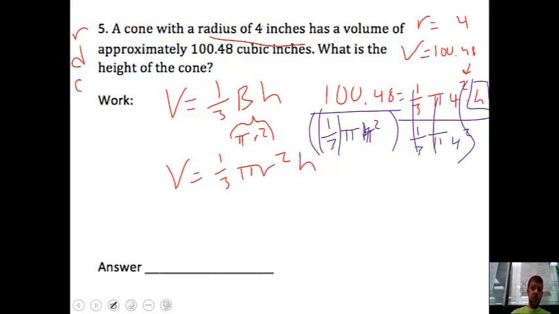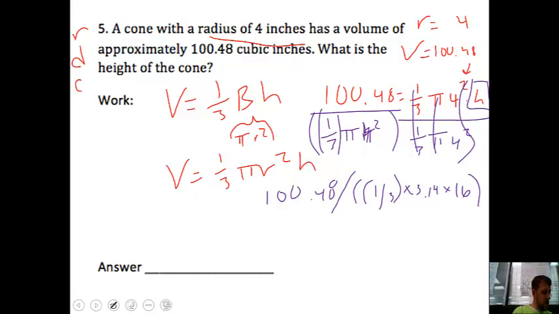When I put this in the calculator, I'm going to put 100.48 divided by parentheses, parentheses, 1 divided by 3, close parentheses, times 3.14 times 16, close parentheses. And the answer you end up getting is 6.